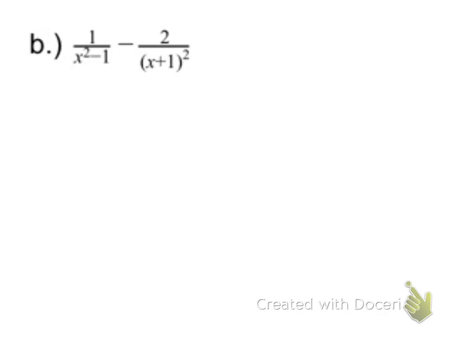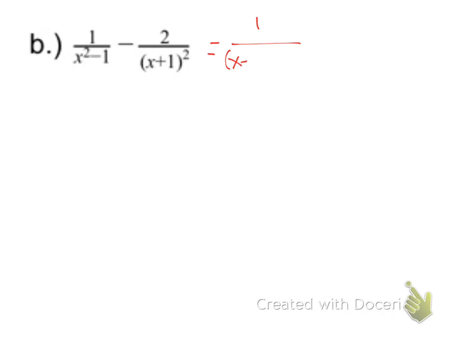And first step was factor everything. Do I need to factor the numerators? No. So I just have to worry about the denominators here. And I think we should all agree that this would be 1 over what? A lot of this, I think, in the last couple of days.